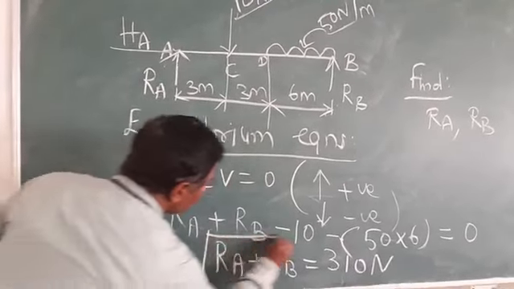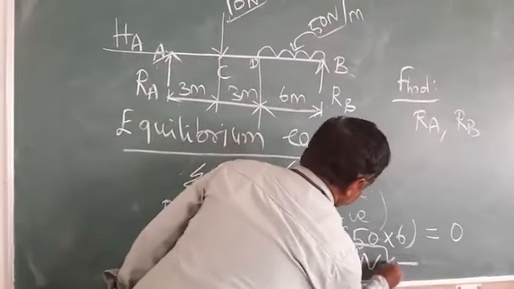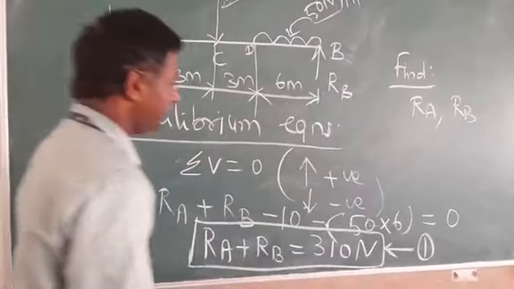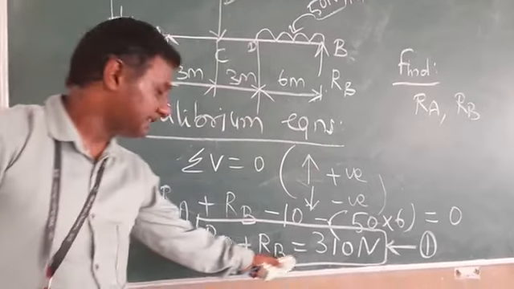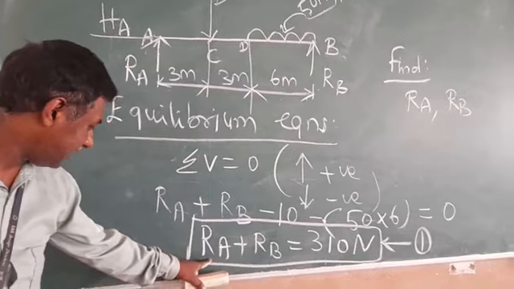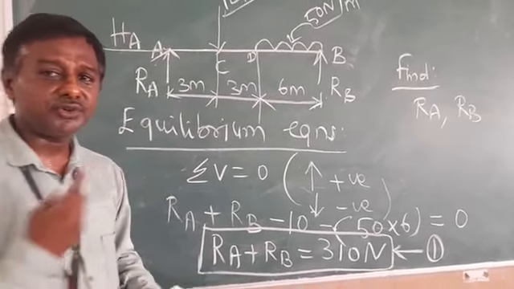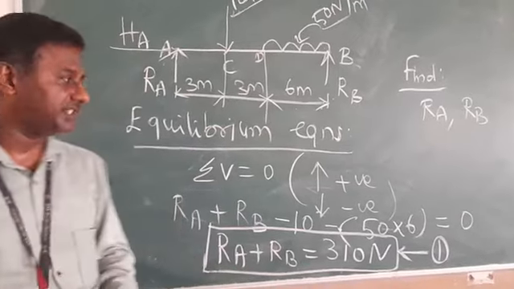This is the first equation: RA plus RB is equal to 310 Newton. Now if you find either RA or RB, you can find the other reaction. For that we have to go for the statically equilibrium equation.